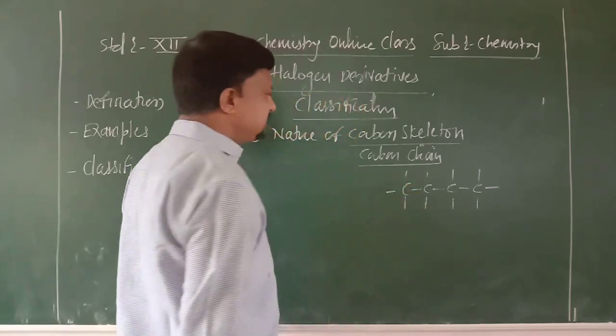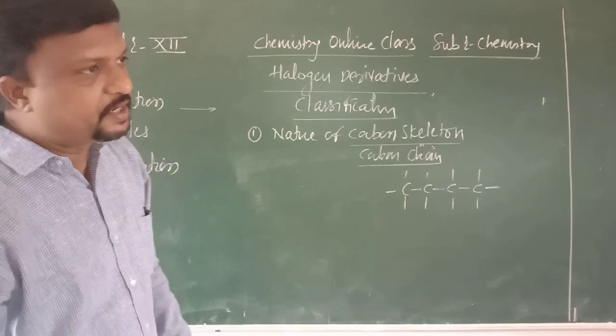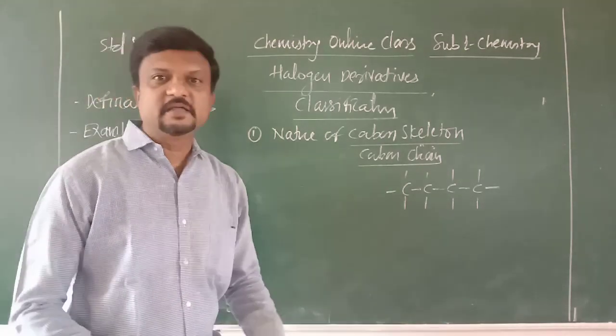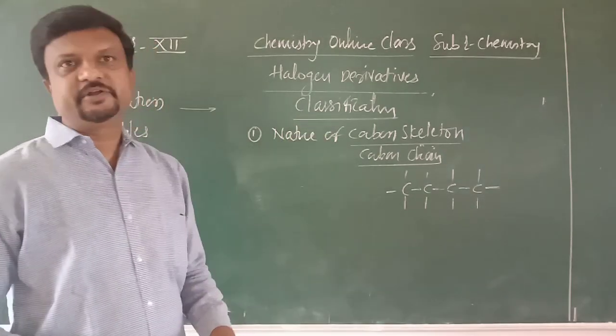This chain is nothing but the carbon chain or carbon skeleton, and in every compound this carbon skeleton has a different nature, and according to that the halogen derivative is classified.